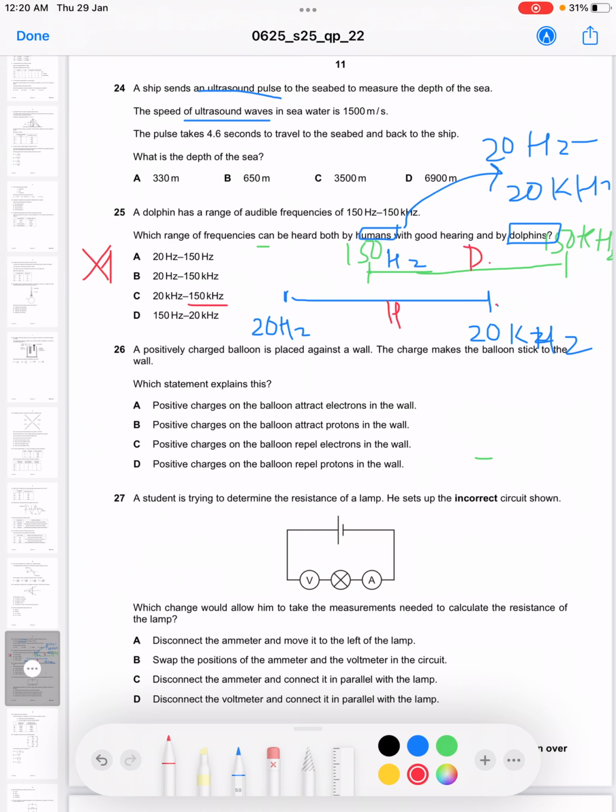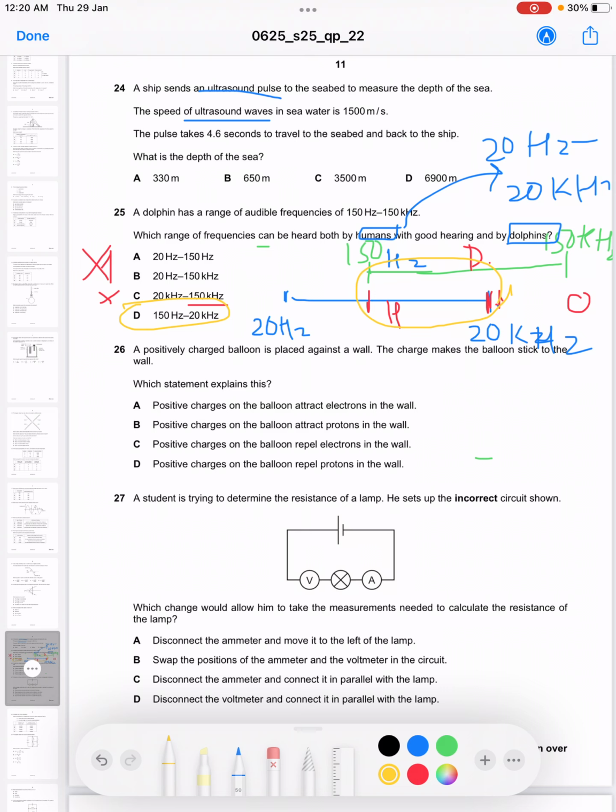But the 151 range is not hearable to human beings, so it is again not correct. And if we talk about the D part, it is 150 hertz to 20 kilohertz, and this is audible for both of them. You can also check from the figure that this is for both of them.